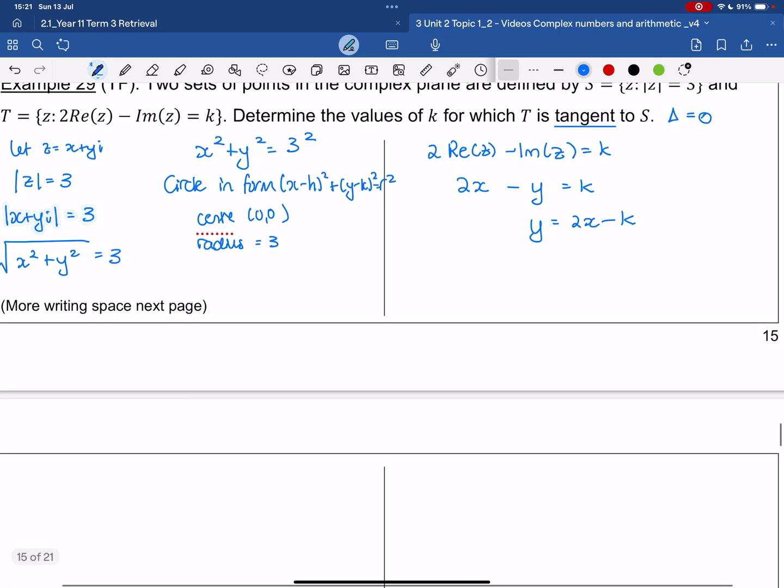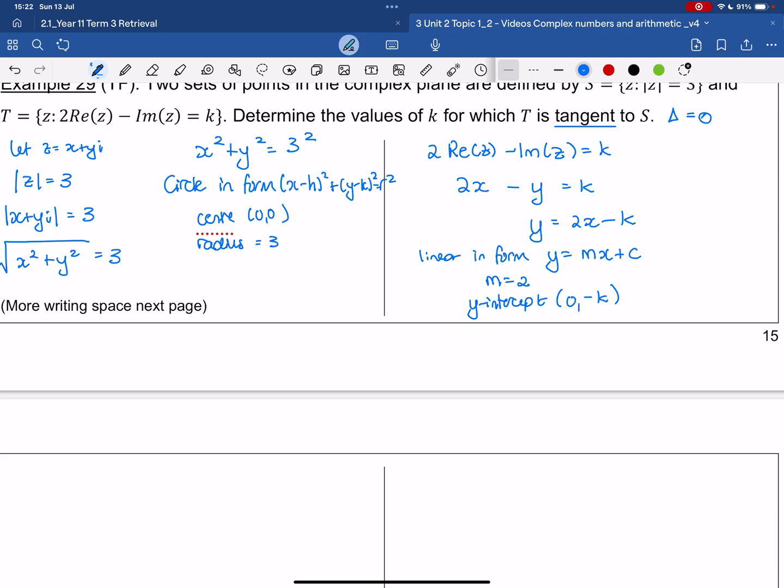Well, that to me looks like a linear function, in the form Y is mx plus c. So our gradient is equal to 2, and our y-intercept, we don't know what that is. That's what we're trying to find out. It's going to be at 0 and negative K.